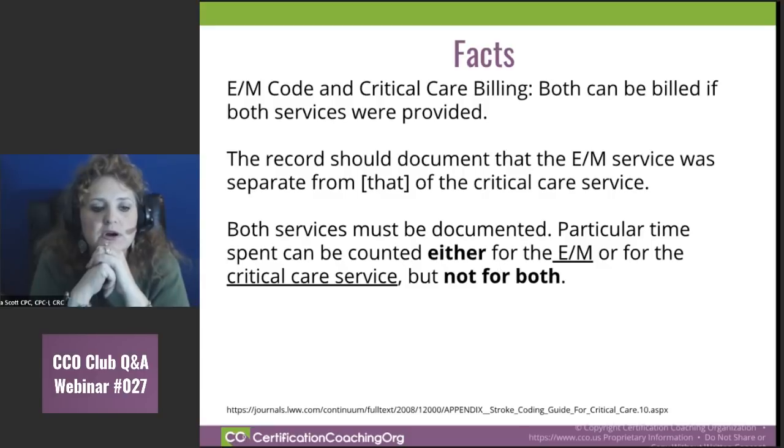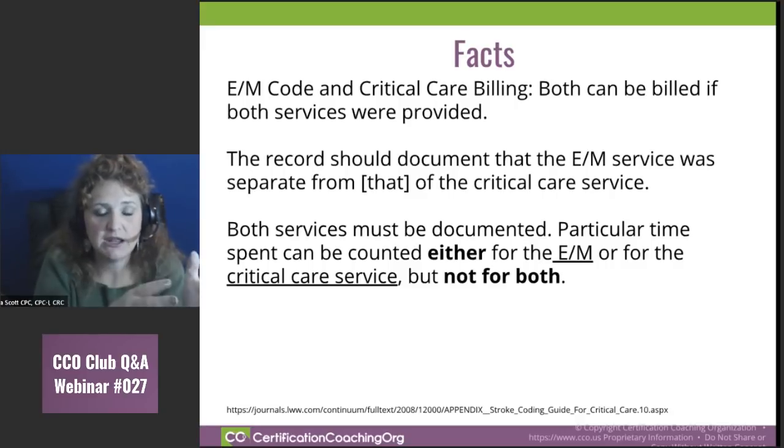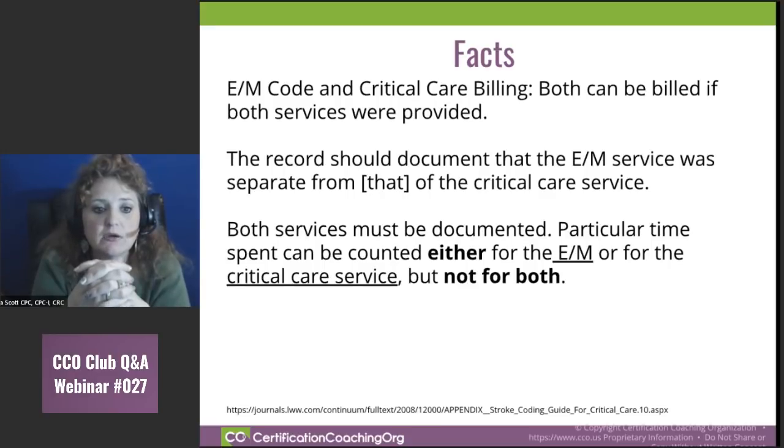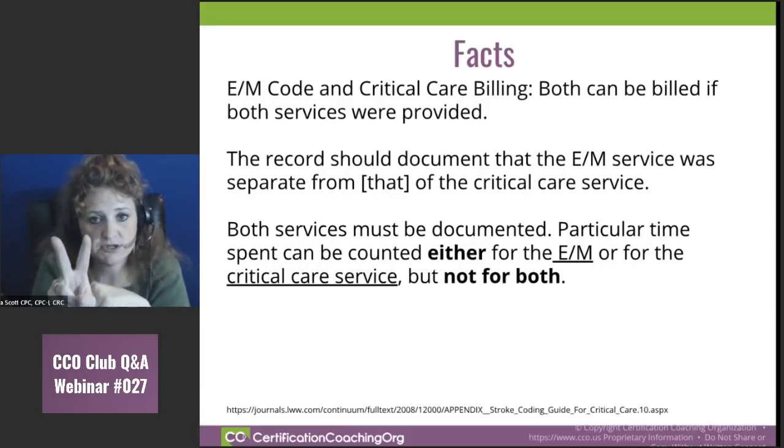When you are doing E&M coding and critical care billing, you can bill for both if both services were provided. So critical care, you only have the 2 codes for your adults.